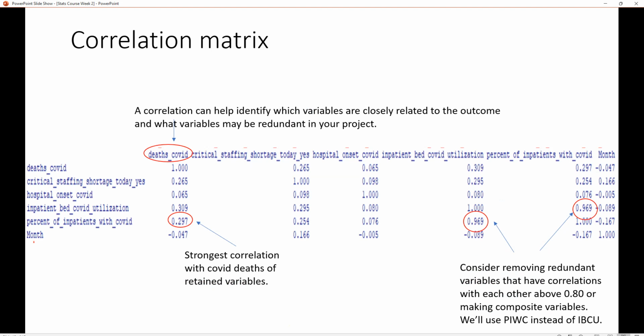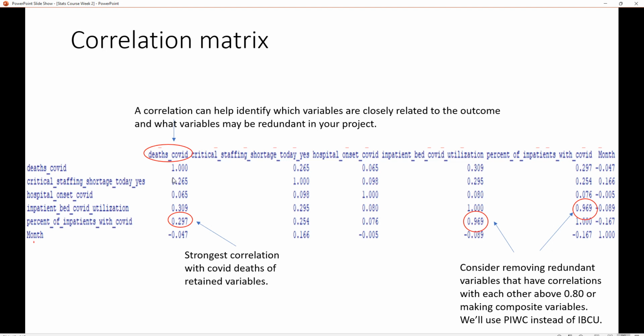In this next slide, we're looking at a correlation matrix. A correlation matrix is very helpful at identifying which variables are closely related to the outcome and which variables may be redundant in your analysis.